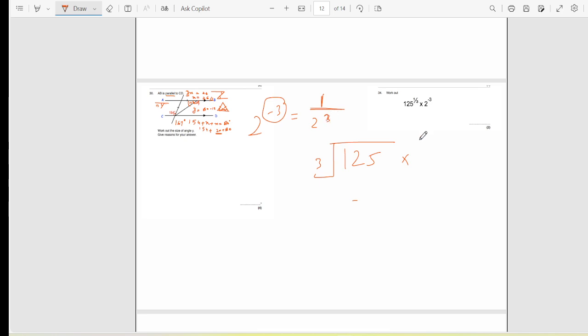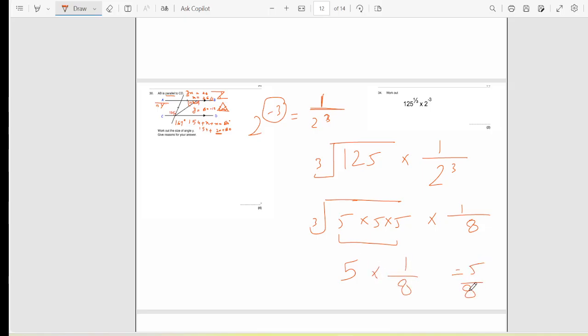Now this is a positive power, so I can write 1 over 2 raised to power 3. So this 125 is 5 times 5 times 5, and this is 1 over 8, right? 2 raised to power 3 means 2 multiplied 3 times. So 5 would come out of this root. This is 5 over 8. So the answer is 5 over 8.